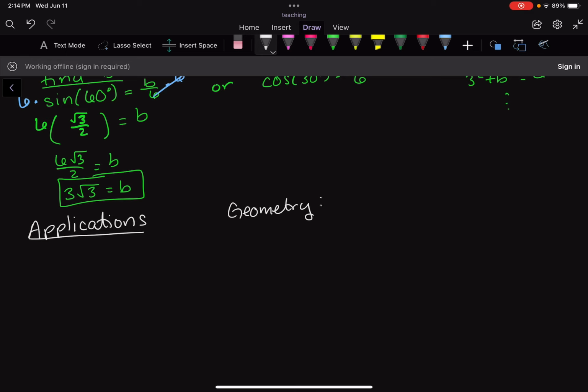So in geometry, we have this idea that if you have two parallel lines cut by a transversal, some of these angles are equivalent to each other. One of these examples of angles that are equivalent is these right here.